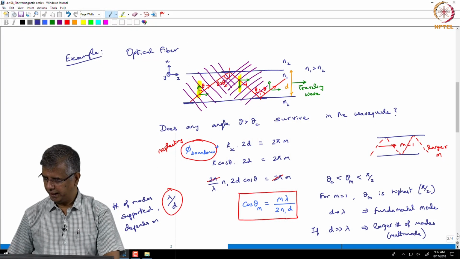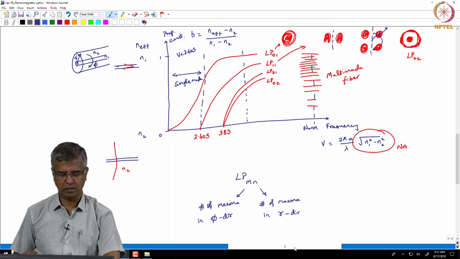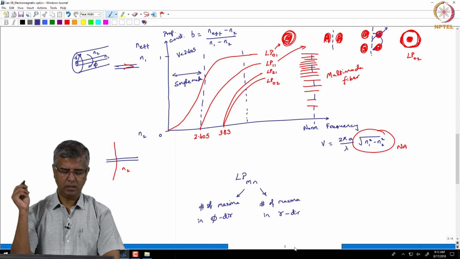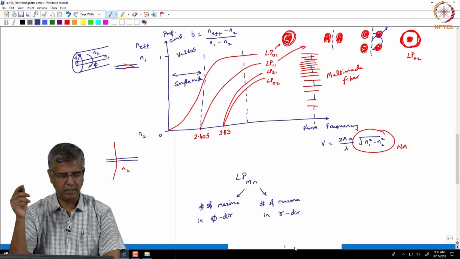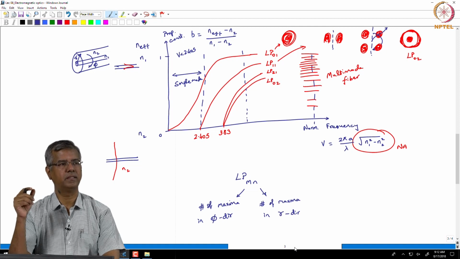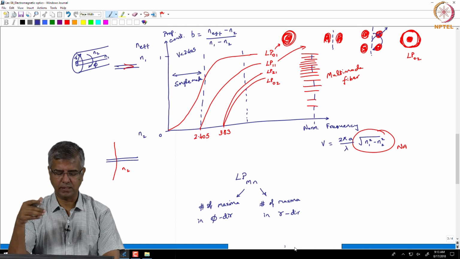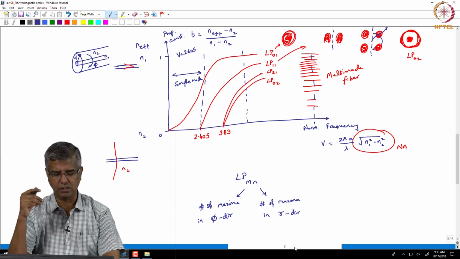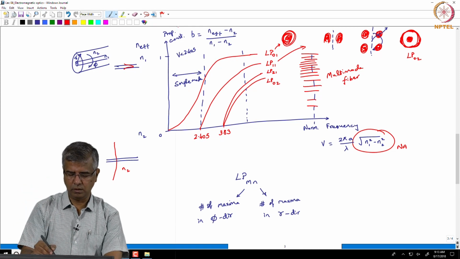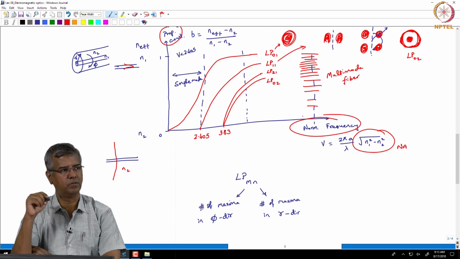But if we had to look at the true picture, analyzing the cylindrical dielectric waveguide that an optical fiber represents, by solving the wave equation in cylindrical coordinates and looking at all the solutions, what you are essentially trying to get is the propagation constant as a function of the normalized frequency.